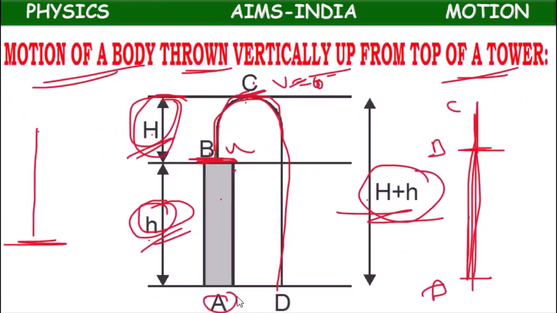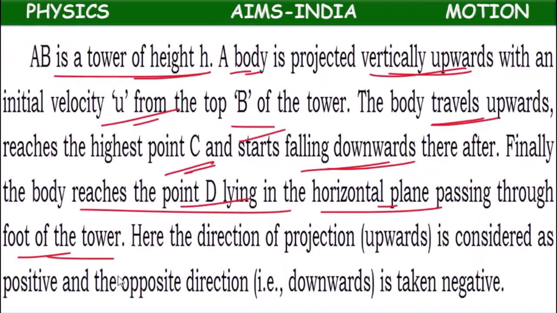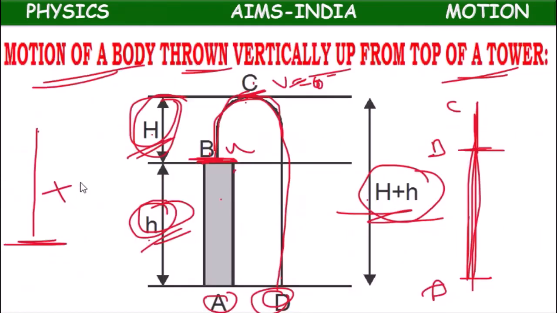A is the top of the tower, and D is the foot of the tower. So the direction of projection, upwards, is positive. The opposite direction is taken as negative. Upward values are taken positive, and downward values are taken negative.